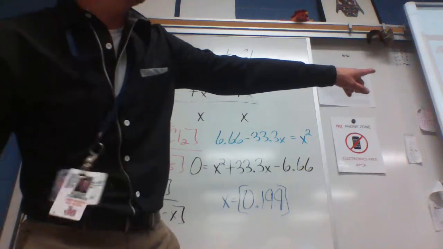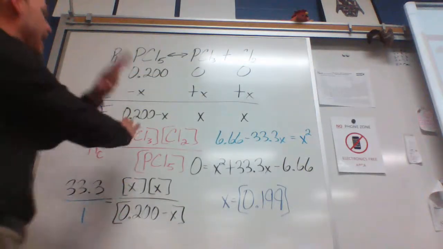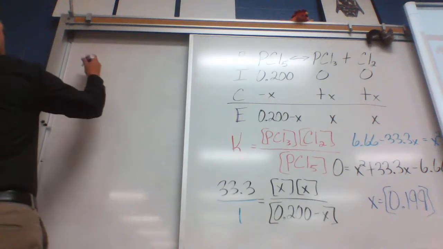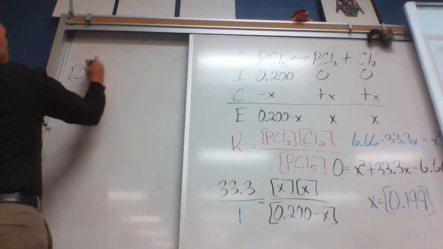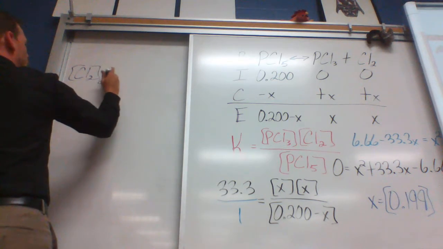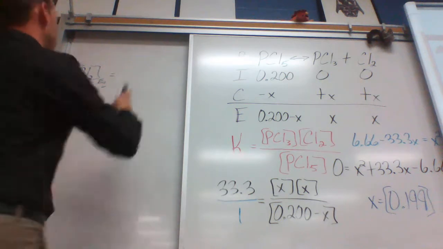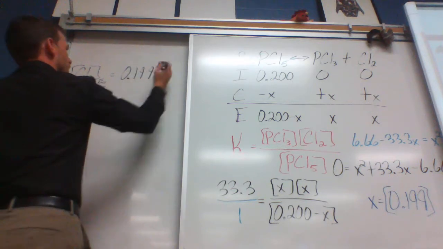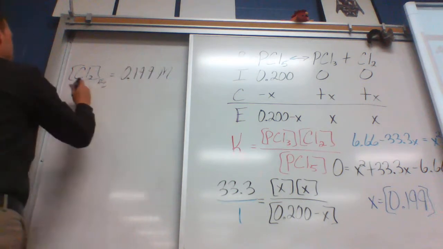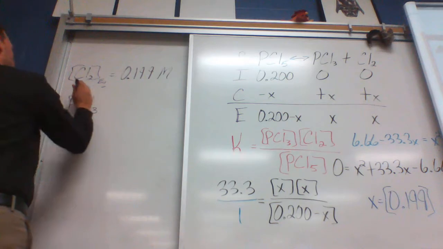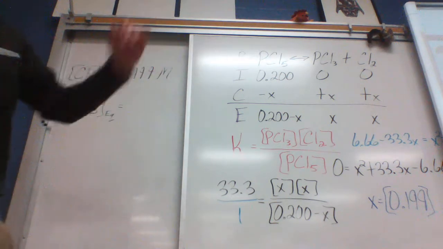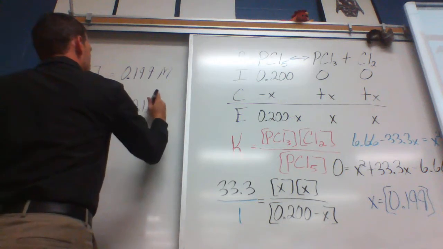Now, what did this want us to find? It said calculate the equilibrium concentration of each species, so it wants to know all of those X's. Working backwards, the Cl2 concentration at equilibrium is equal to X, so that's 0.199. The PCl3 equilibrium is again just X, so 0.199.